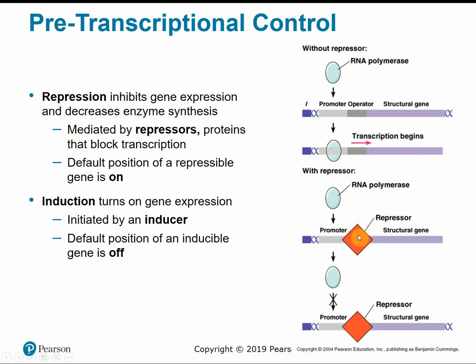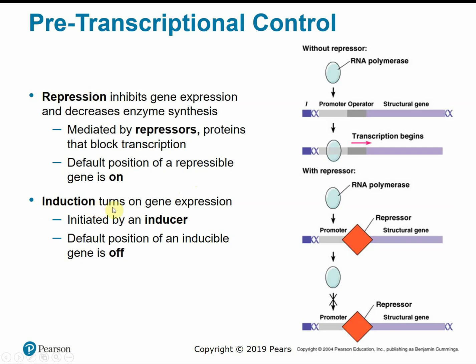But a repressor protein is, like I said, physically blocking RNA polymerase from attaching to that promoter. If RNA polymerase can never bind to the gene to transcribe it and copy it, then we won't be able to synthesize that protein. The default position for repressible genes is on. So normally they would just be on, so we have to repress them and turn them off as needed.